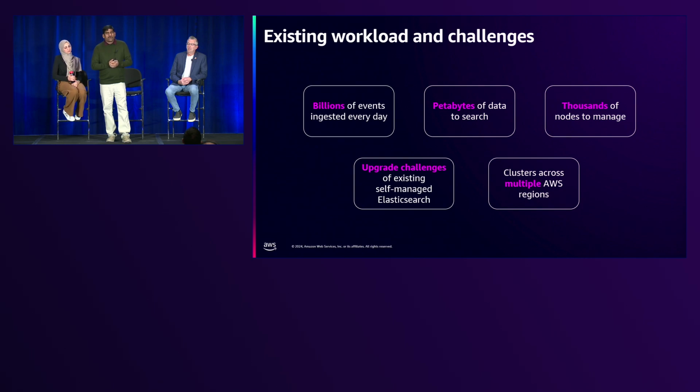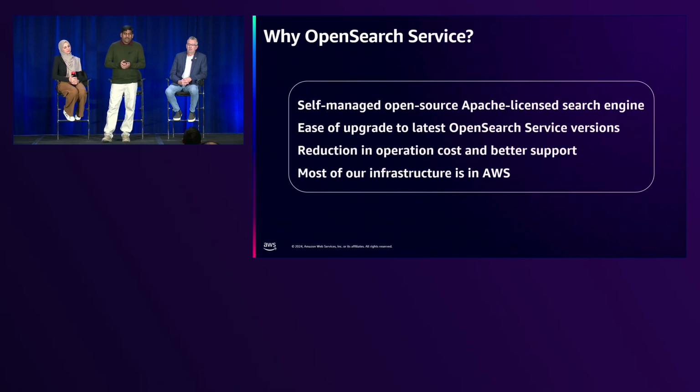So we were looking for any solution which we could use. We talked to our AWS account team, and the AWS account team introduced us to OpenSearch. They said, why don't you try Amazon managed OpenSearch Service, right?